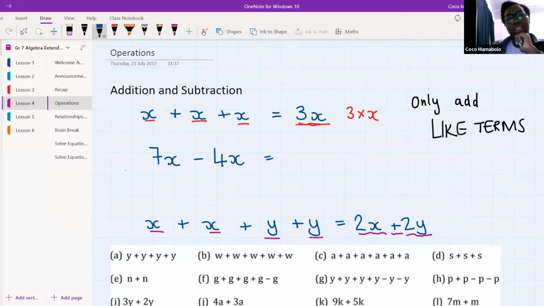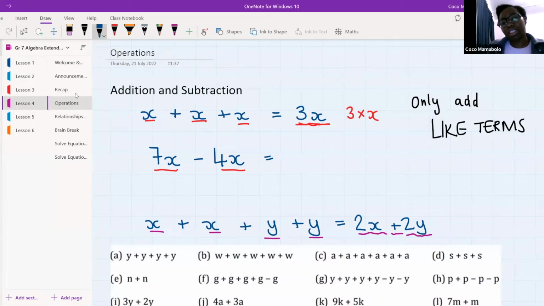Oh no. Bulela? The answer is going to be negative 28. Oh no. Remember what we're doing here is we're subtracting. I have 7 x's and then I minus 4 x's. How many x's do I have left?